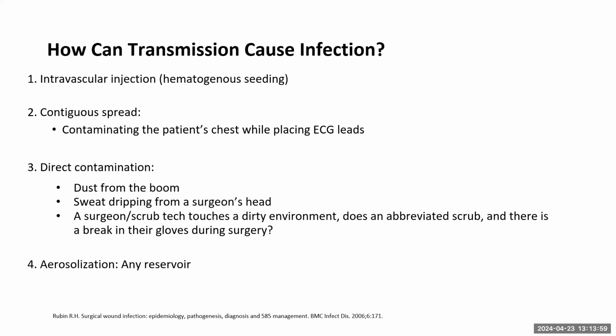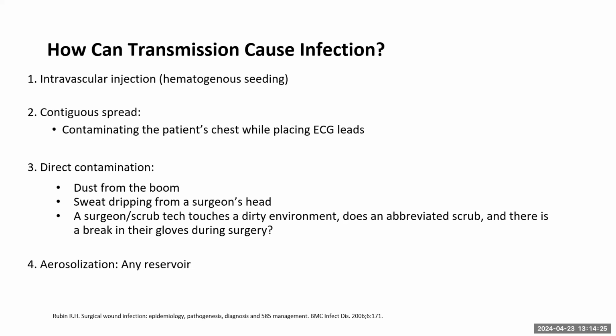Another route would be direct contamination, where organisms move from patients or provider hands to the environment, and then they're transferred from the environment, such as, for example, dust from the boom, which is above the patient, and it settles into the wound when there's disruption of airflow in the operating room, which could occur for many different reasons, such as opening the door.